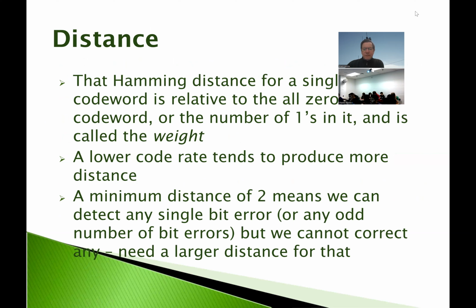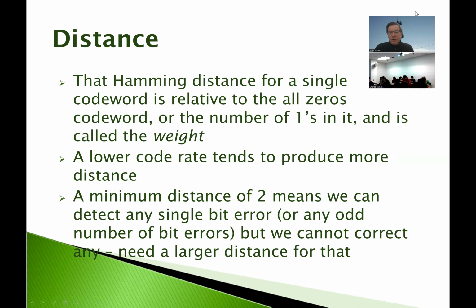All right, so the Hamming distance for a single code word is relative to the all zeros code word. Every code actually has a code word in it that's all zeros. So that Hamming distance relative to the all zeros is the number of ones in it, right?